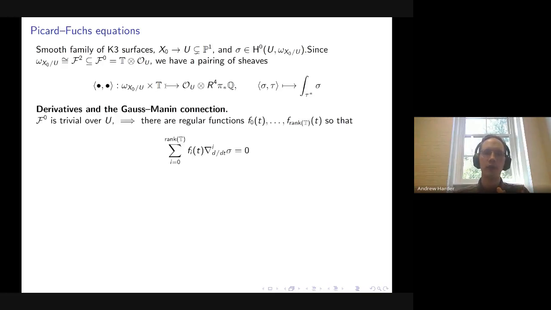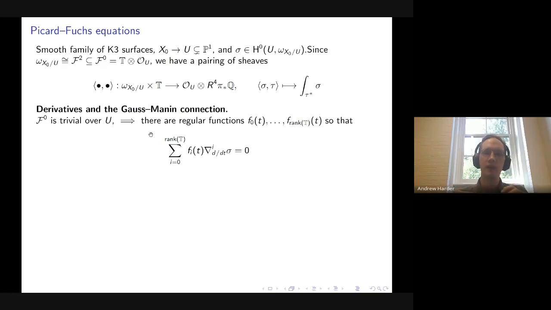This is relatively standard. Then you can start taking derivatives of these periods and see what comes out. So how does this work? Well, the bundle F0, which is the tensor product of the transcendental local system and the structure sheaf, is a trivial bundle over U because it's just a bundle over an open subset of P1.